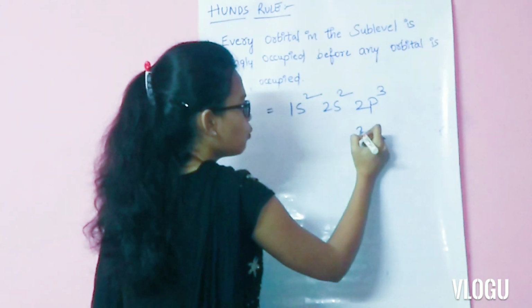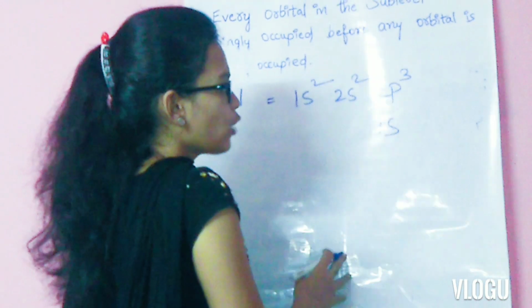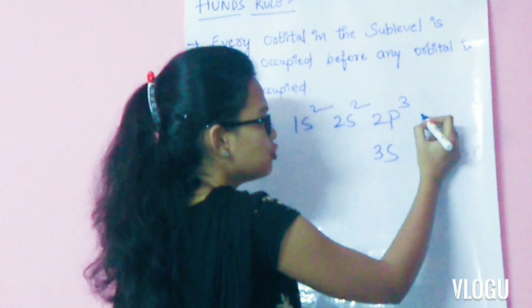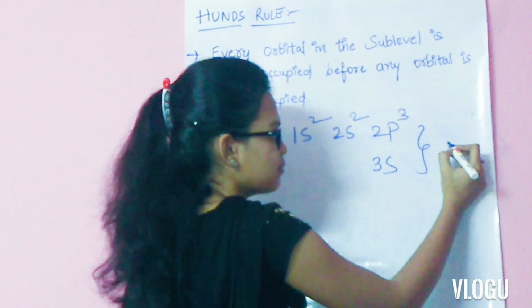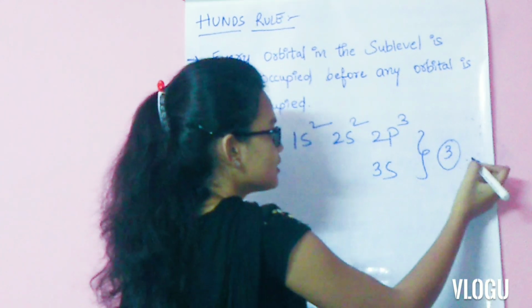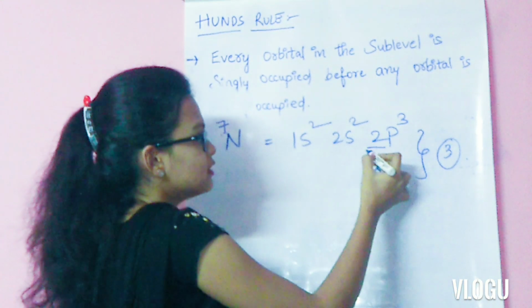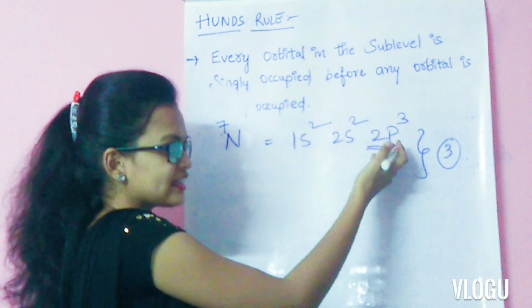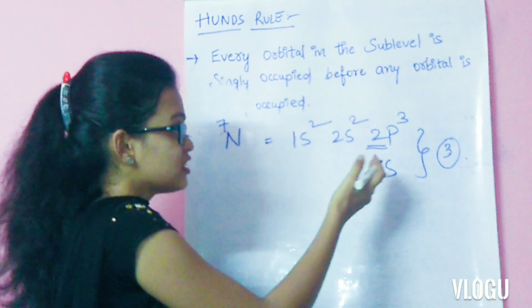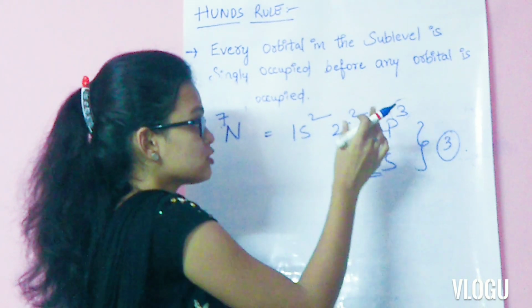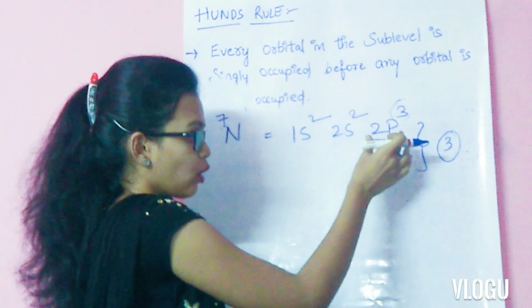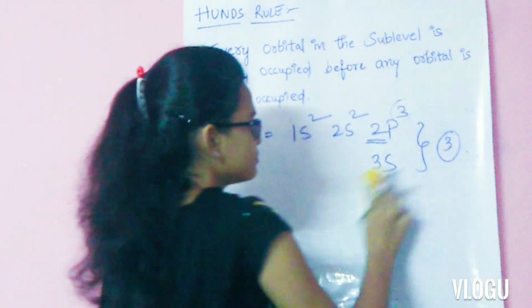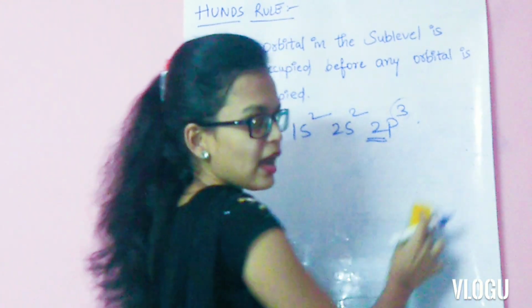Why 2p? Why not 3s? Earlier we discussed that the n plus l value for these two orbitals is the same, that is 3. But here the n value is 2 and there the n value is 3. This one has the lower n value, and that's the reason all 3 electrons are present in the 2p orbital but not in 3s. So the Aufbau principle is applied.